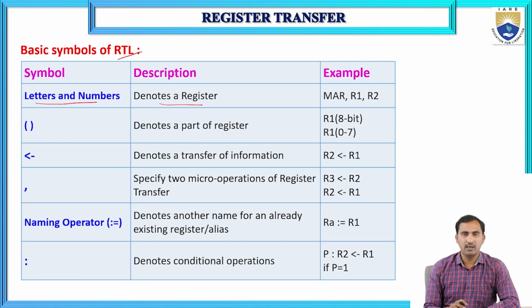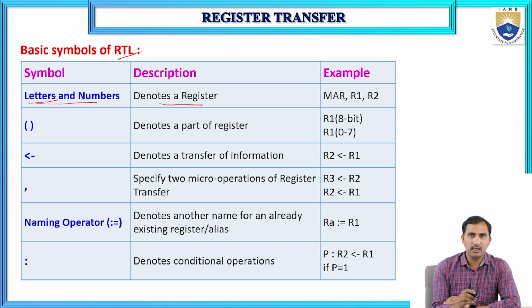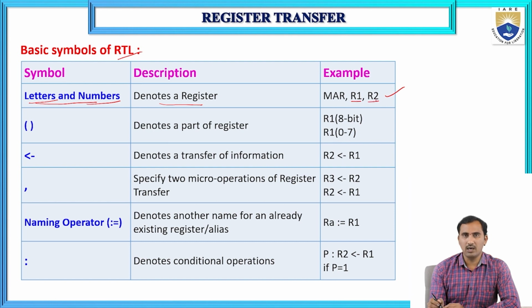We can name the registers using capital letters, followed by numbers. An example is MAR, memory address register, a name using only capital letters. The other examples are letters followed by numbers, R1, R2.